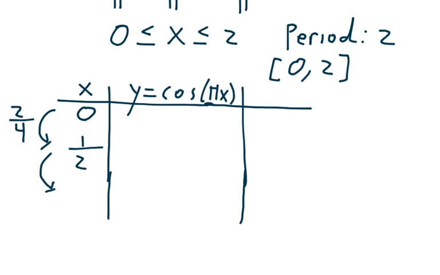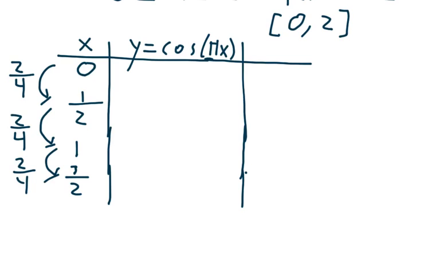We add 2 over 4 again, which is again a half. We add that to get 1. Add it again to get 3 over 2. Almost there. Again, it's the same kind of process with sine. And then we have, again, 2 over 4 to get 2.